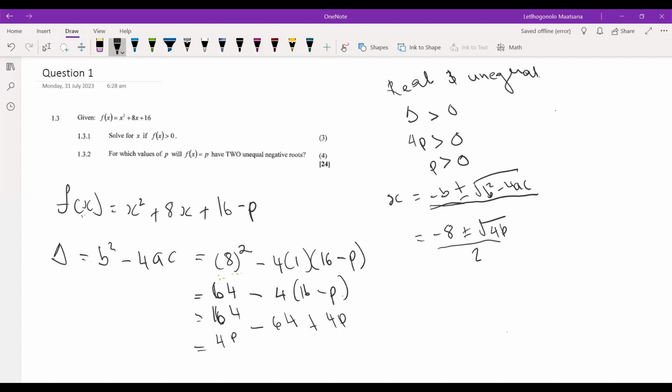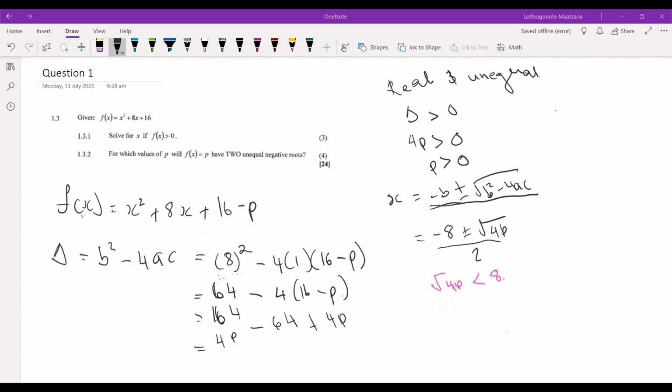Now, in order for you to have a root that is negative, you are kind of constrained by what is happening in your numerator. In order for your numerator to always be negative, the square root of 4p must always be less than 8. If it's less than 8, you will always get a negative value there.